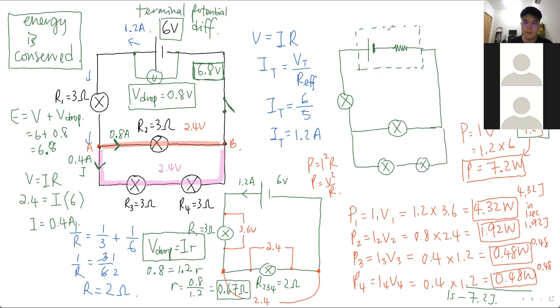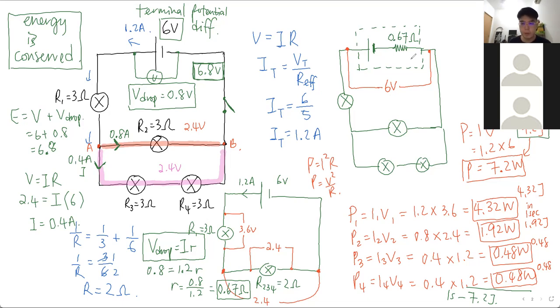Okay, I just extend this one. So this one is 0.67 ohm. In a closed circuit, we measure from here to here. Closed circuit shows the terminal potential difference, so it's 6 volt. In an open circuit, this will show 6.8. Okay, so this is internal resistance and EMF.